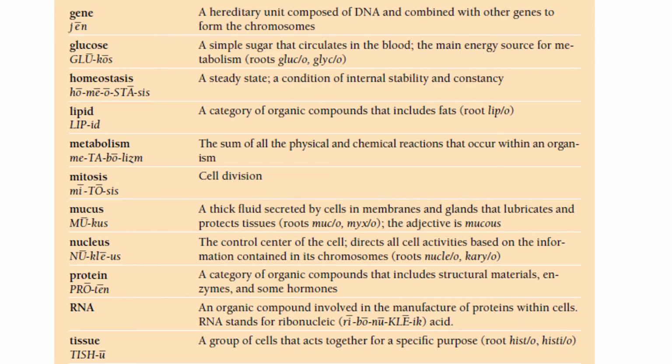If there is DNA, we also have RNA. RNA is an organic compound that is involved in the production of protein within the cell. RNA stands for ribonucleic acid. Next, what do we mean by DNA? Again, what is DNA?